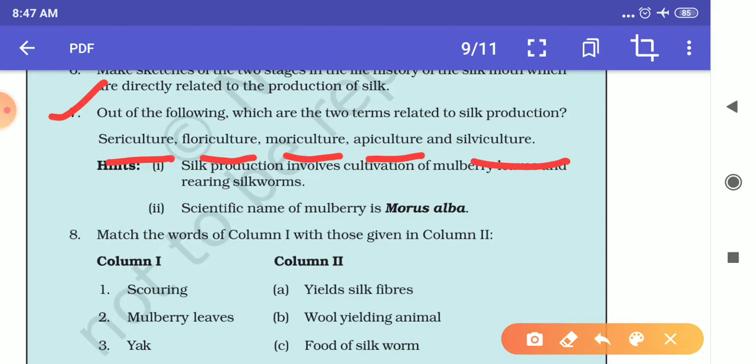I think your first option will definitely be the first one, that is called sericulture, because the production of silk at the commercial stage, when we rear the silkworms, is called sericulture. Therefore your first will be here. For this question there is a hint also.